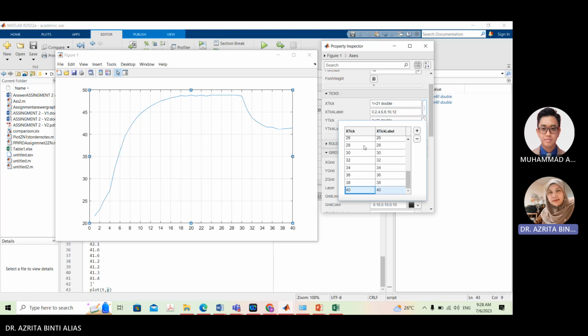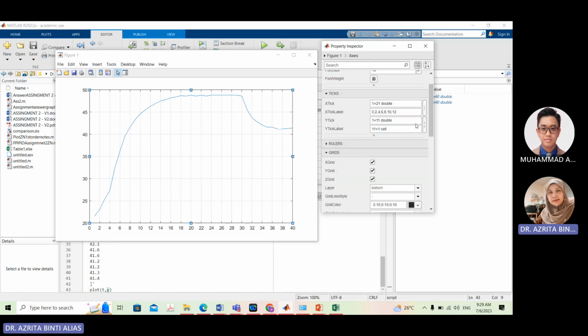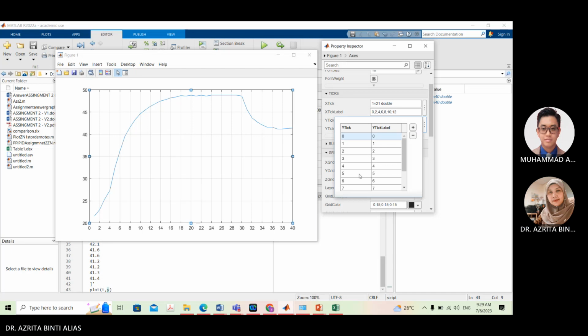The same goes for the Y label here. For the design, we only look at the first part without disturbance.